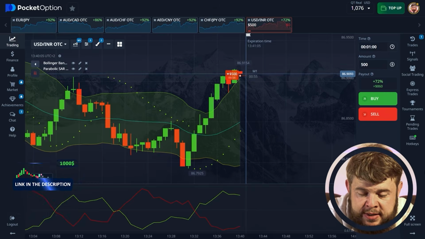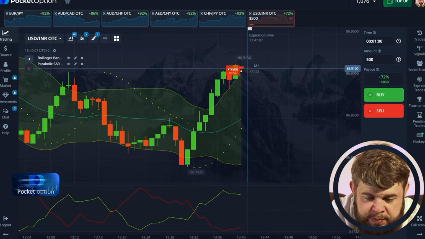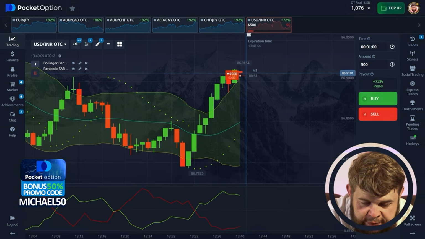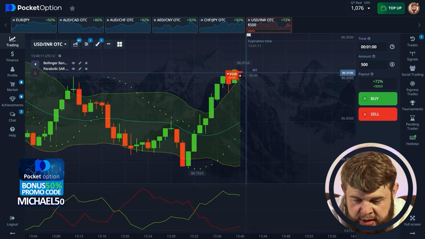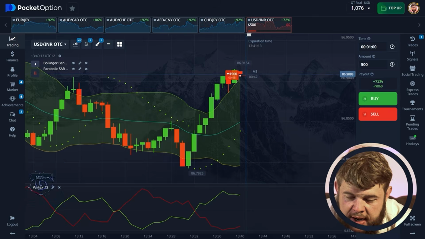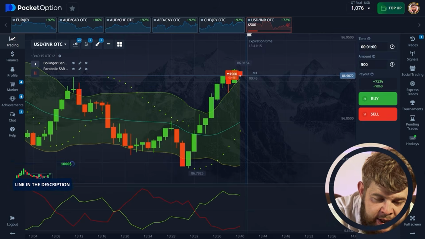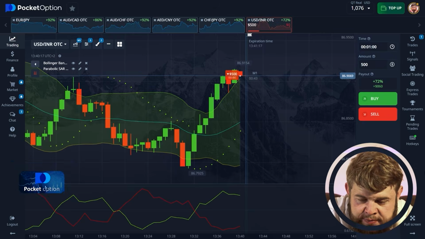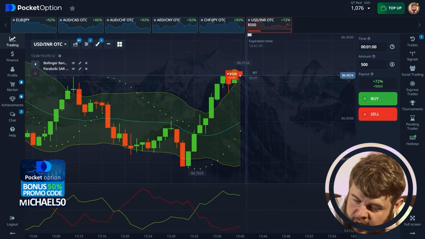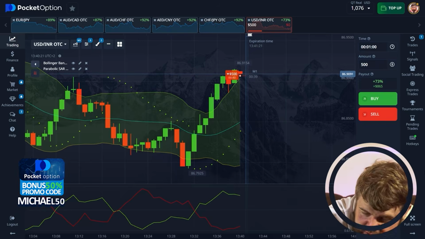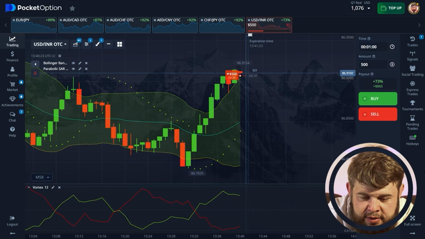Let's open sell position, because I expect this to be just a false breakout from the channel, and I expect price to get back under the resistance line zone once again and get back to the channel. So that's why we have opened sell position here, investing our $500.